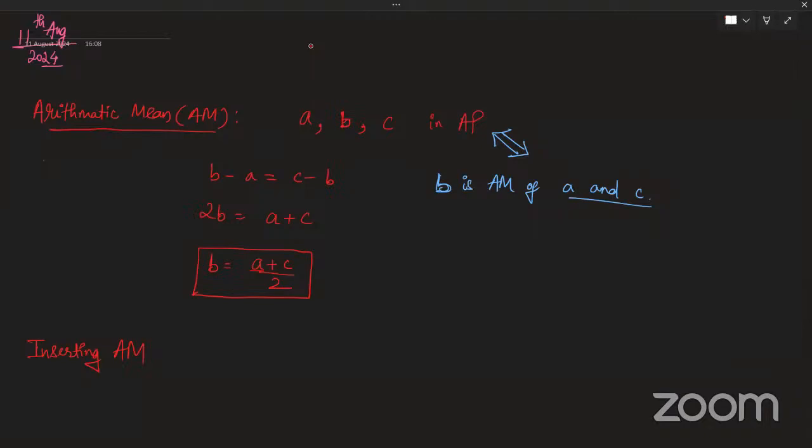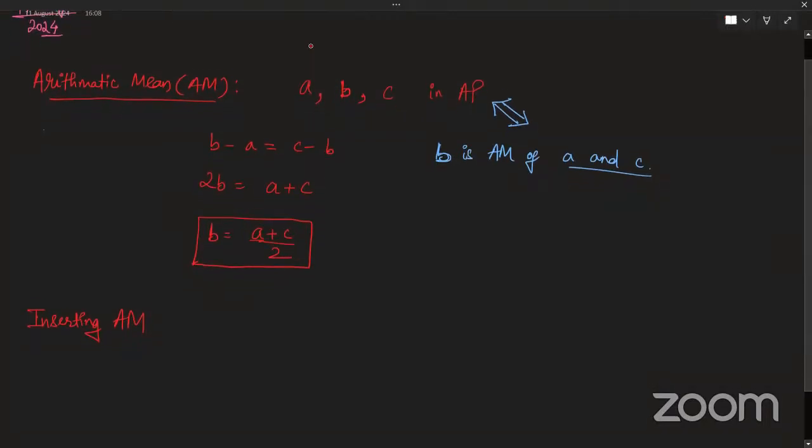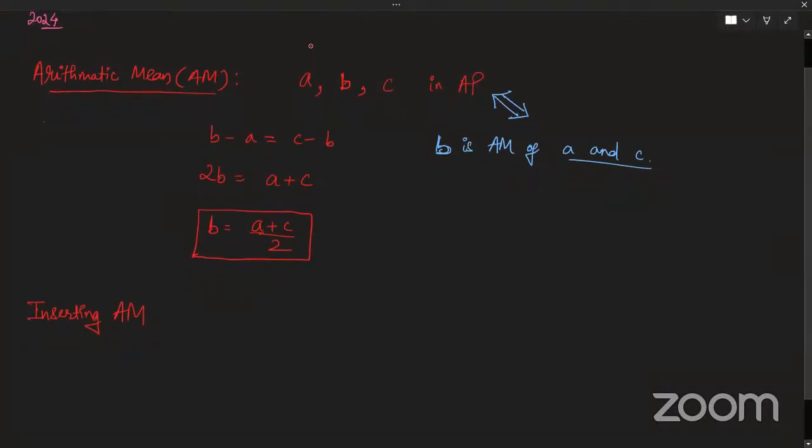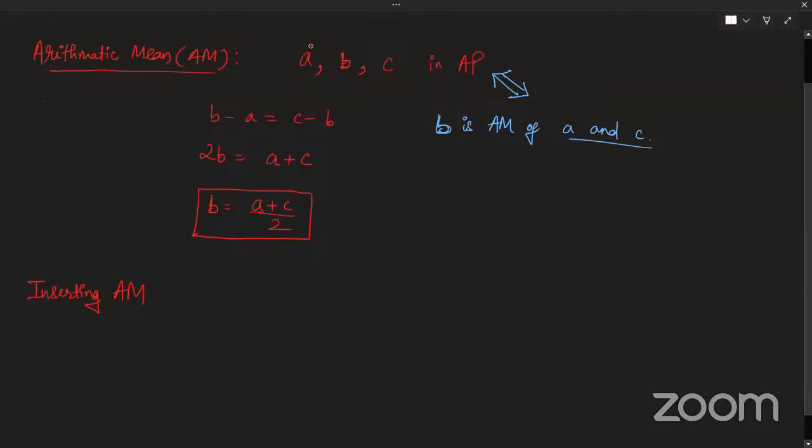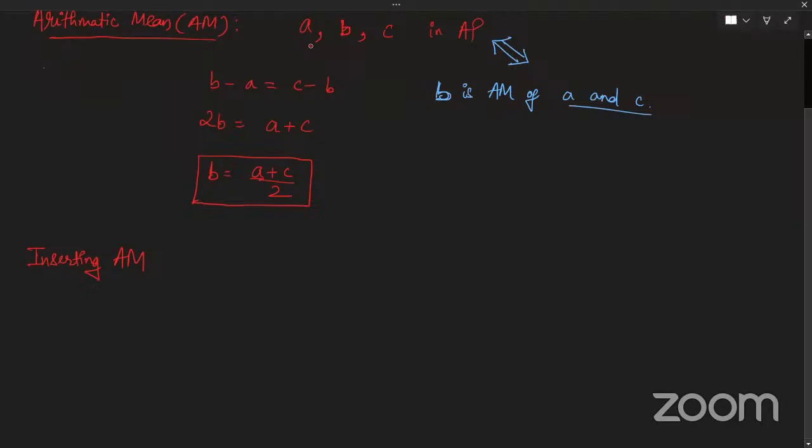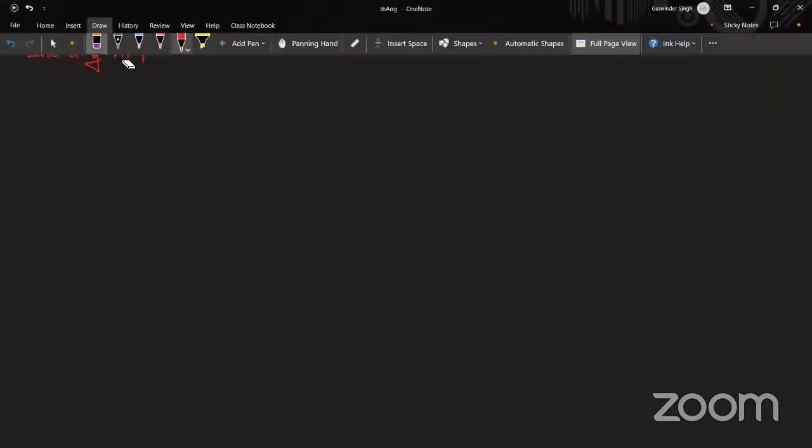A plus C by 2 is also called the arithmetic mean of A and C. That is what is meant by the term arithmetic mean. It is called AM. Arithmetic mean means average of two numbers. You know what is average? Yes, sir. Great. So inserting arithmetic means, or rather we generally call it inserting n arithmetic means.